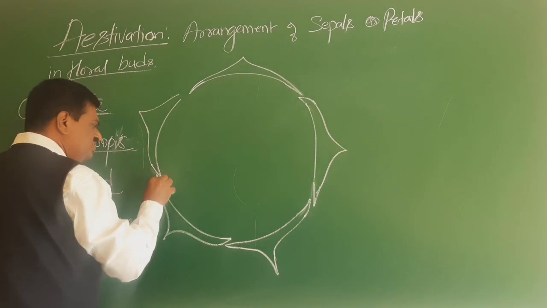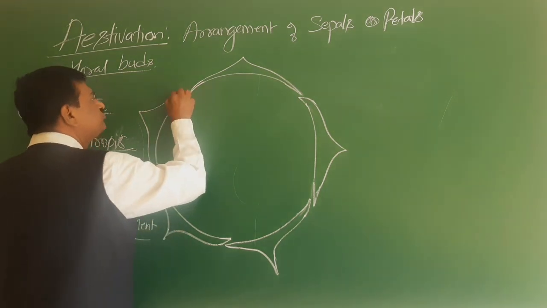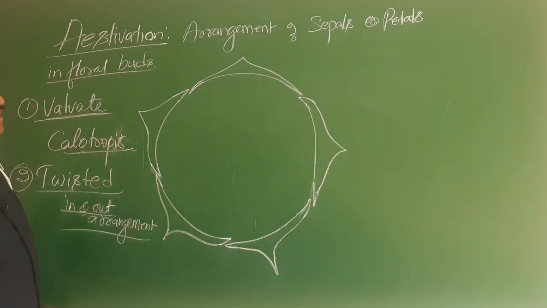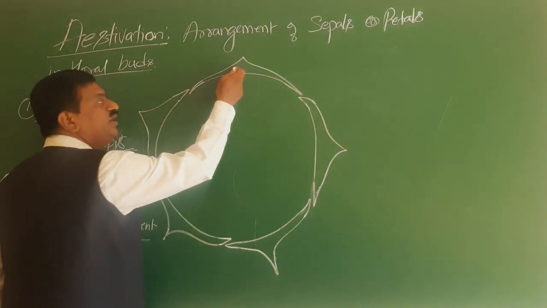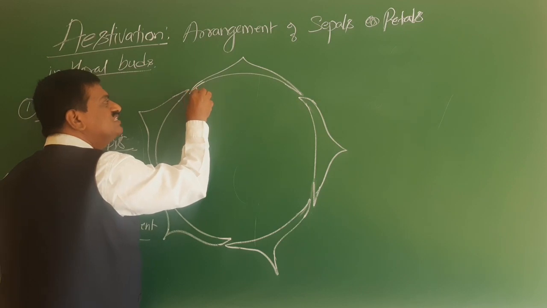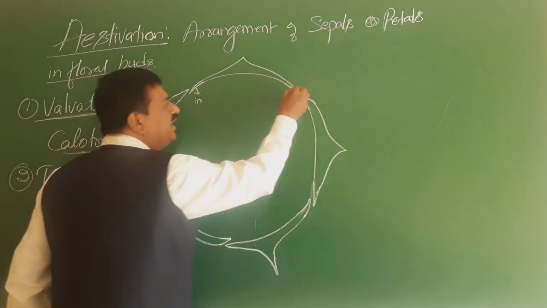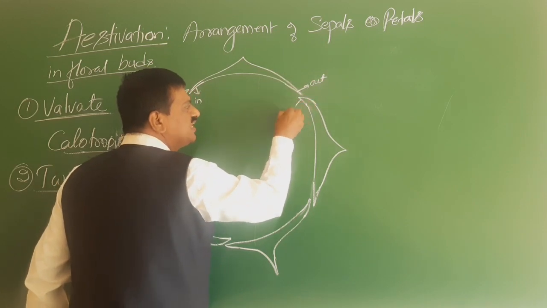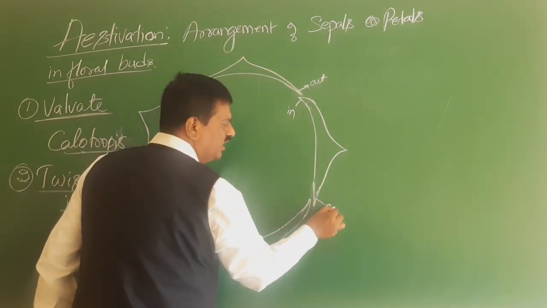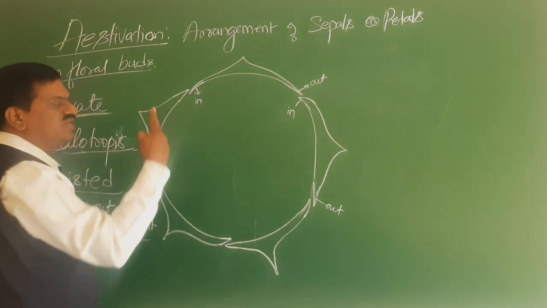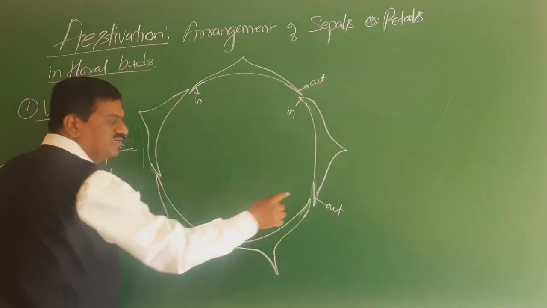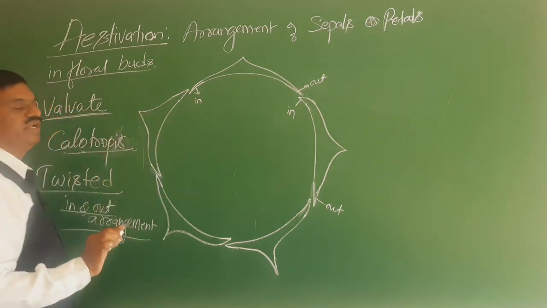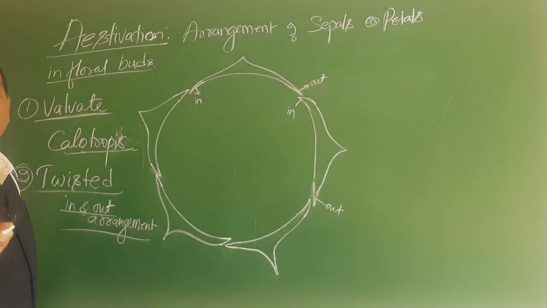You can see the in and out arrangement. So the arrangement is like this. In one petal, one edge is in, one edge is out. The other one is again in and out. Like this, all the sepals or all the petals have an in and out arrangement. This in and out arrangement is called twisted estivation.